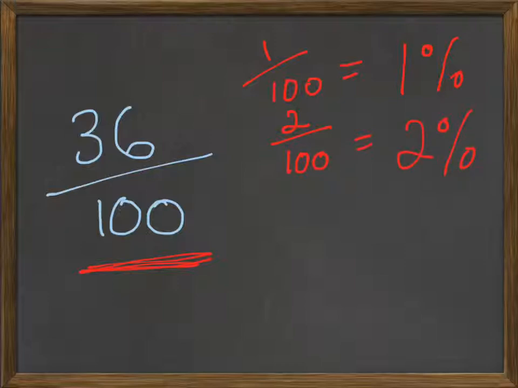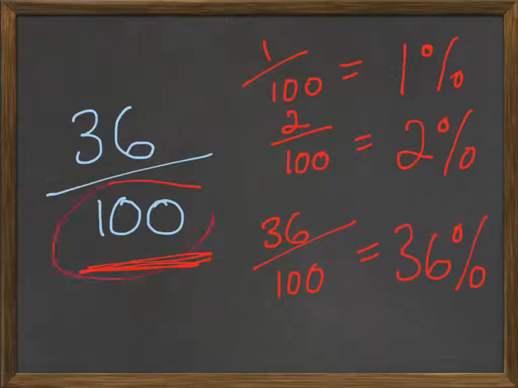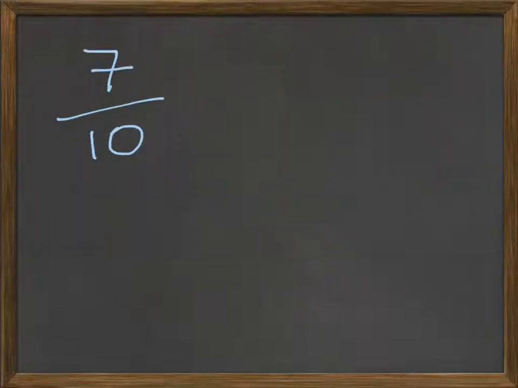And therefore 36/100ths must equal 36%. So if it's hundredths, it's very simple, because that means that it is the percentage. Hundredths are the percentage.